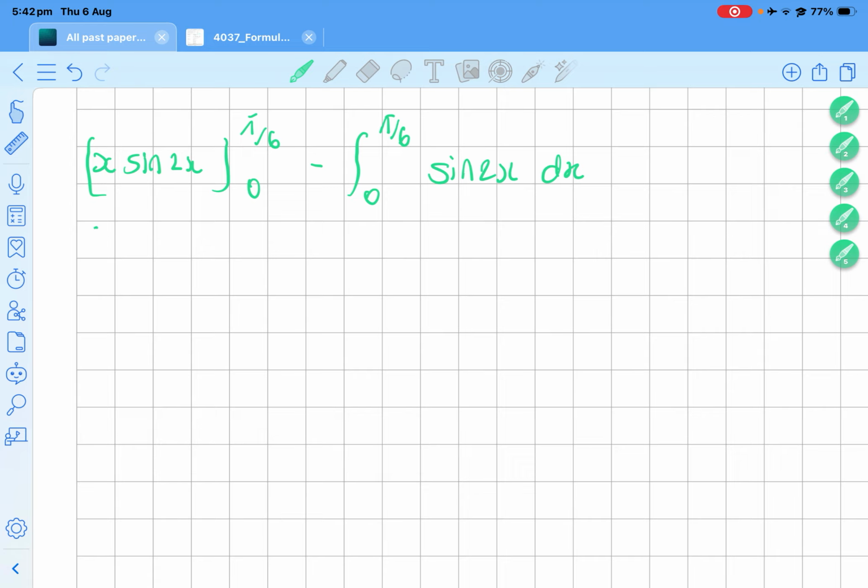So I could say I have x sine 2x plus, because I have a minus over here, so plus half cos 2x, and I just need to put in the values, so pi over 6 and 0. So sine of pi over 3 is root 3 over 2, so pi root 3 over 12, weird, but okay.